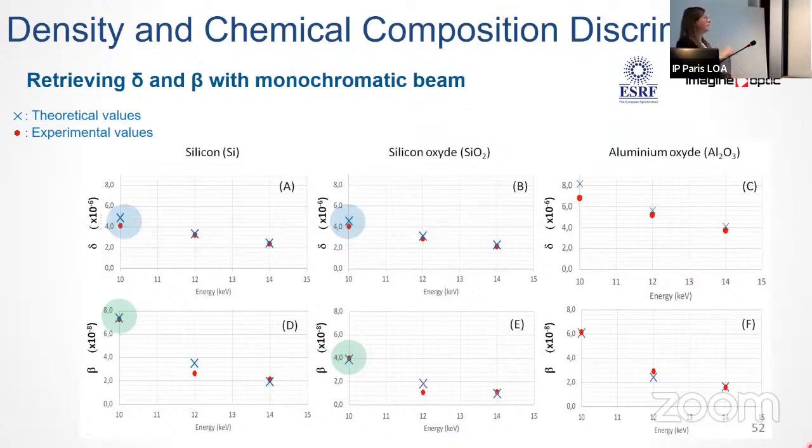If you look here at the energy of 10 kV, we see that the values of delta are very similar for silicon oxide and silica, while for beta, we see that the values are very different. So looking at the values of beta and delta, we are able to discriminate and infer the chemical composition of a known material inside the sample.